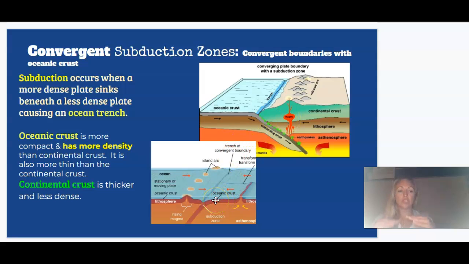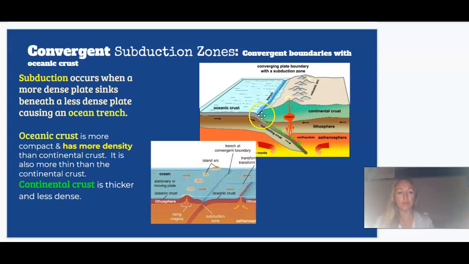When it's 2 oceanic crusts, one is still going to be slightly more dense than the other, so that one's going to be the one that subducts. It's going to be a little less of a collision, but there is still going to be mountain formation and magma rising, so that's where you get these volcanic islands, those volcanic arcs.